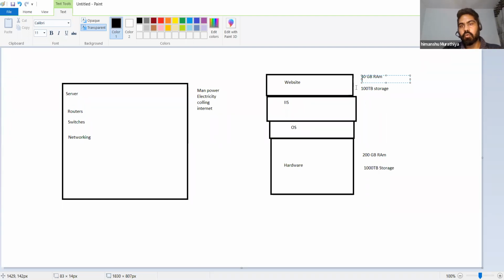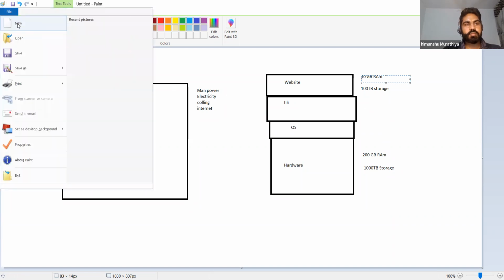To overcome this, a concept came named hypervisor. Before cloud computing, there was a concept called hypervisor.